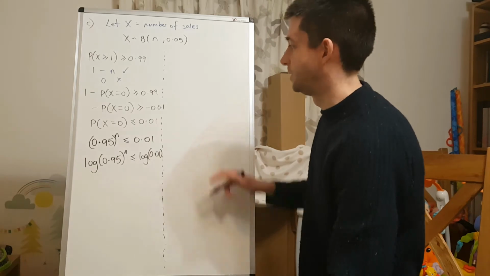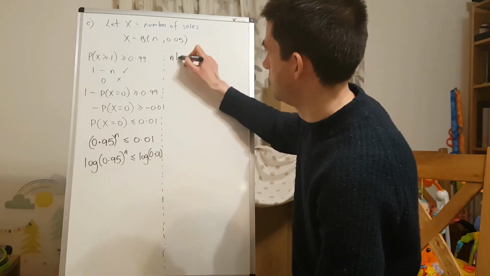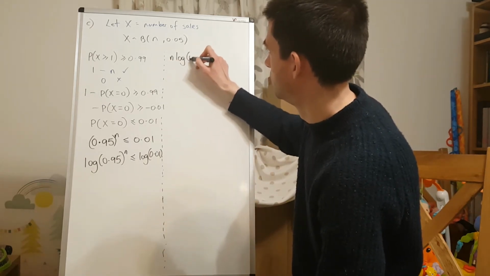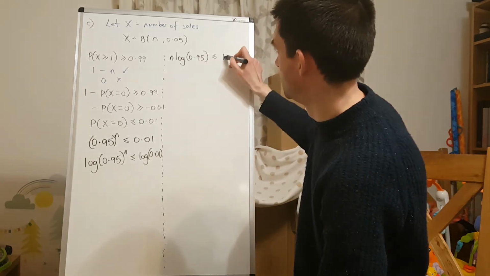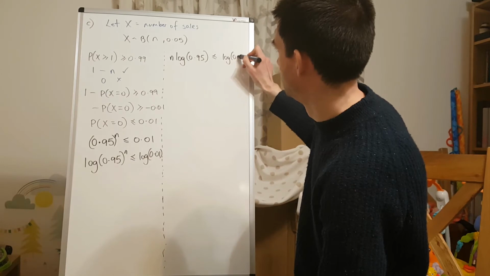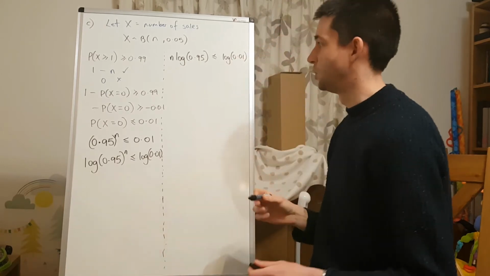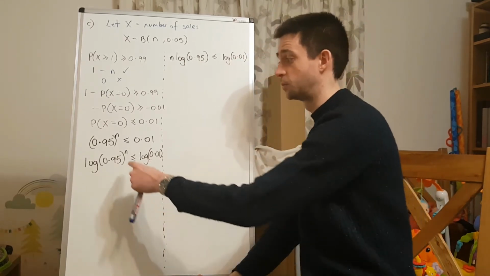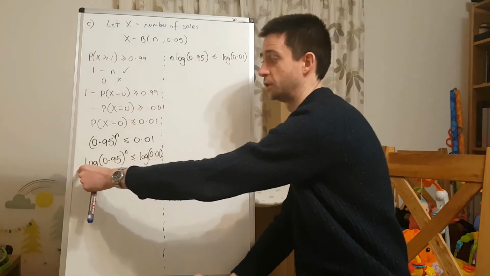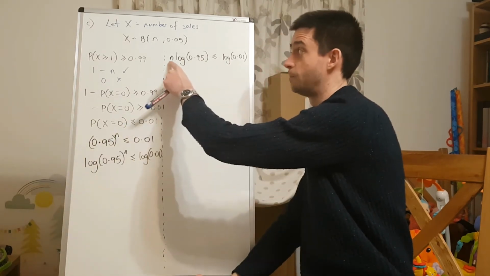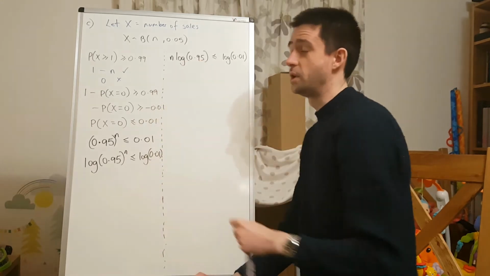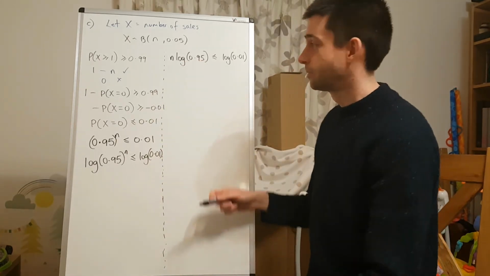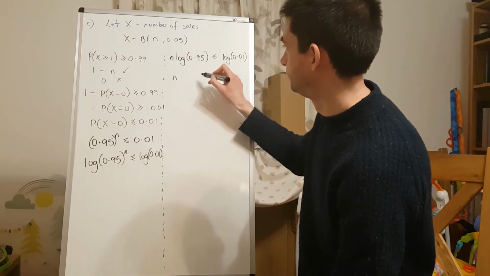Next, n log 0.95 is less than or equal to log 0.01. That's using the powers rule: the power n can be brought to the front of the logarithm. I now have n multiplied by log 0.95, which is a number, so I can divide by that number.